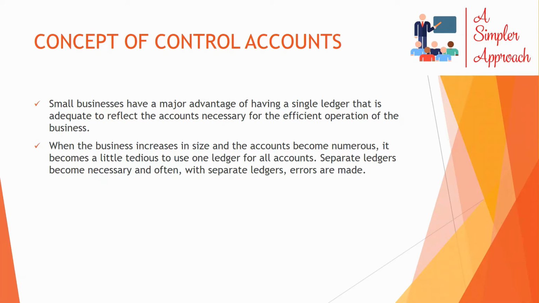Now, I'll just tell you quickly what those are. The sales ledger is the place where the T accounts for all the individuals and businesses that we sell goods on credit to are placed. Purchases ledger is the place where the T accounts of all the individuals and businesses that we purchase goods on credit from are placed.